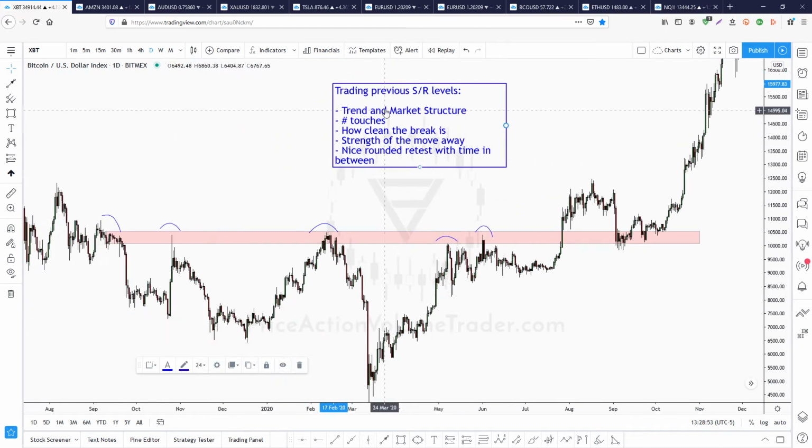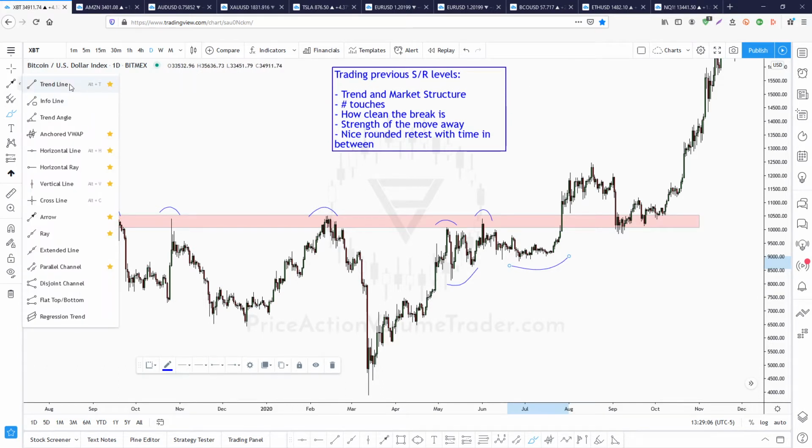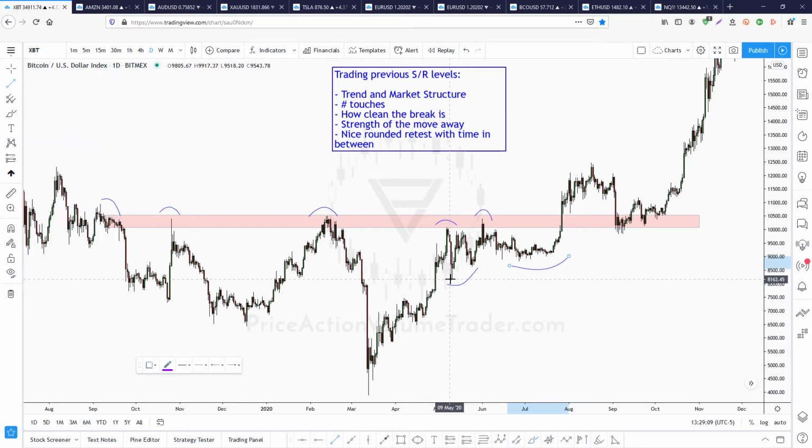Well, let's talk about the trend. When we look at the trend, we see price is making higher lows. And there's a really nice trend line here that we can see.